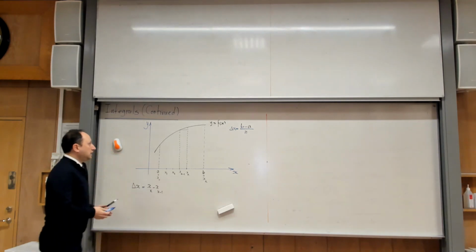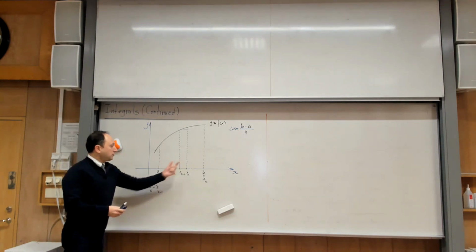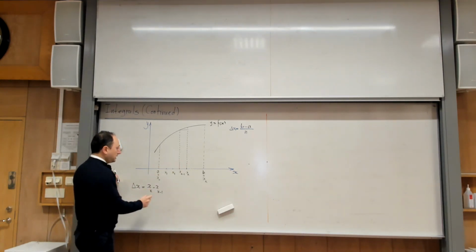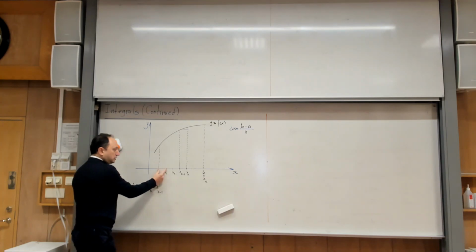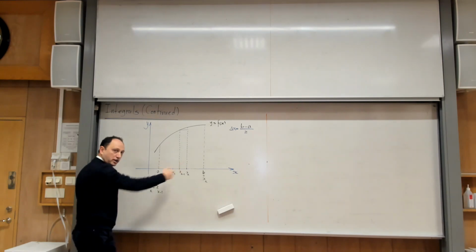Yes? If I ask you what is the area of this particular rectangle, by the way, this is interval number 1. The second one is interval number 2. So when I say interval number 1, I need to look at the index of the right-hand side.